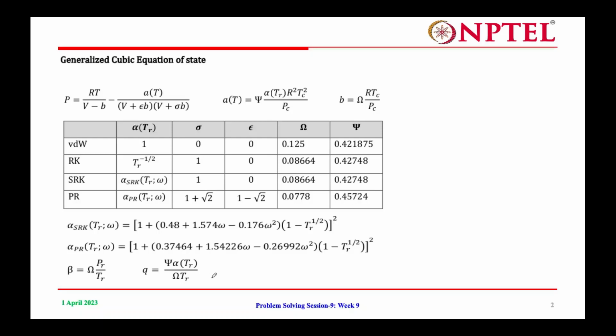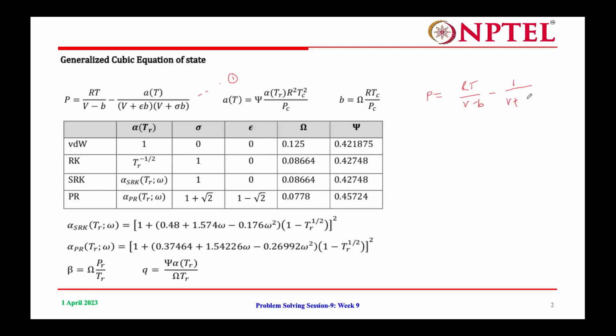Okay. So in this equation we put these values. Suppose for van der Waals, P equals RT over V minus b, right? Now here alpha of T is put as 1. Epsilon is given as 0, so this term is 0, and sigma is also 0.